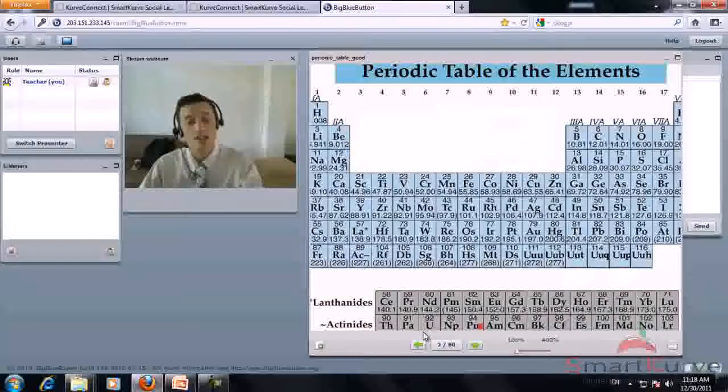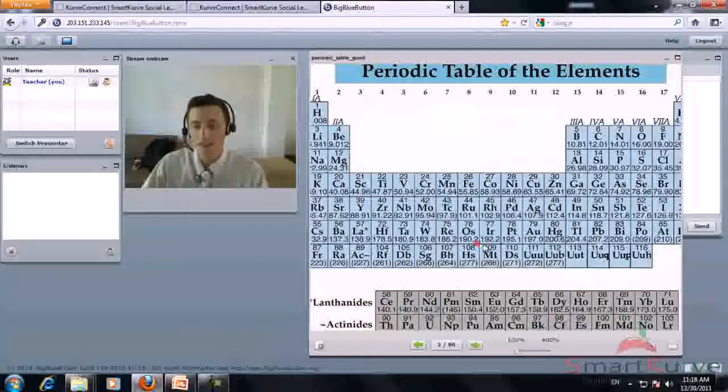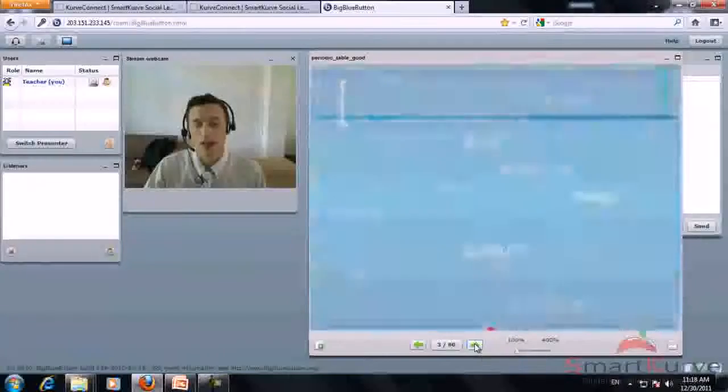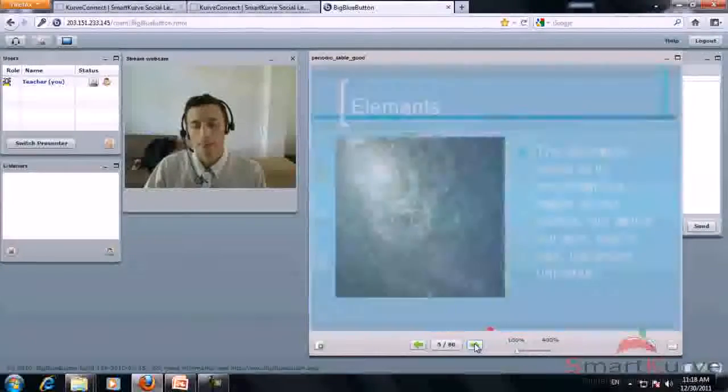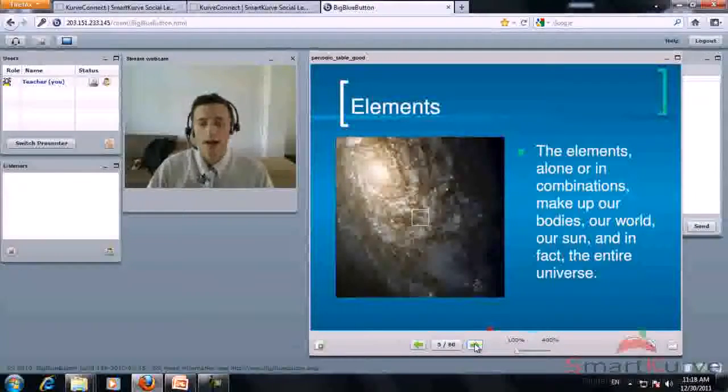Down here on slide 2, you can see this bottom row starting at about, starting down in the hundreds. All of these elements down on the bottom row have been created by scientists. They are not found in nature. Here, let's go on, slide 5.